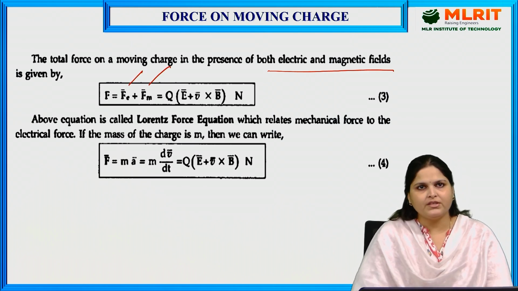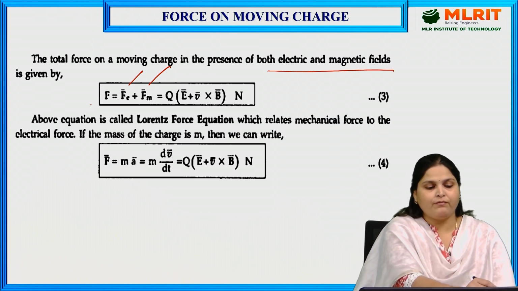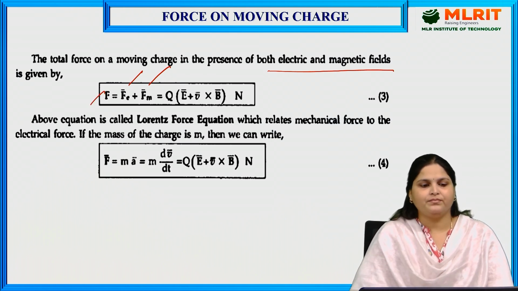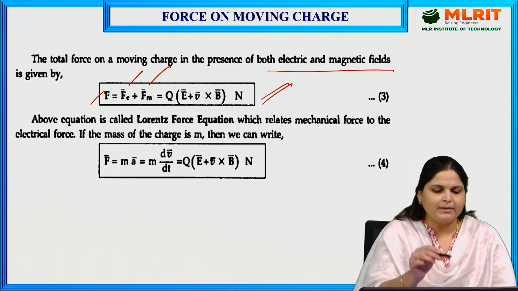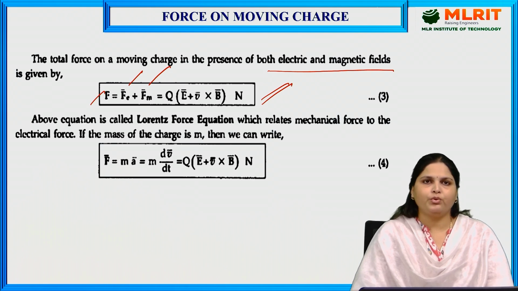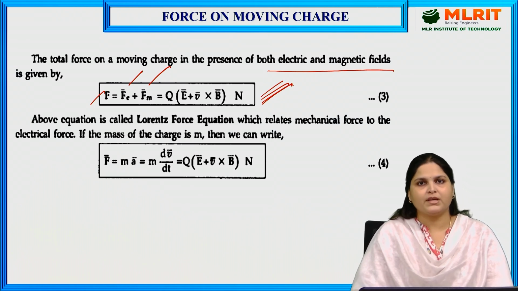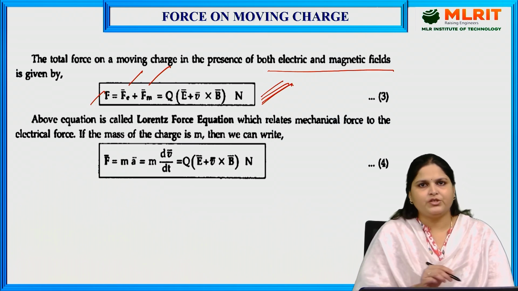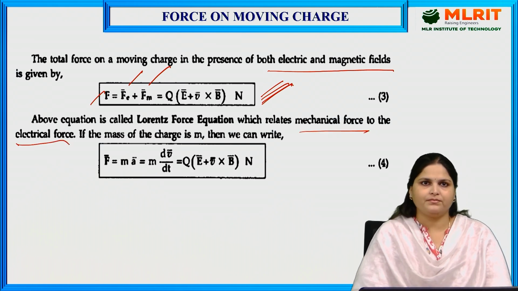This is the total force on this charge in the presence of both electric and magnetic fields, and the mathematical expression is F equals Q into E plus v cross B Newton. This equation is called the Lorentz force equation, and it relates mechanical force to electrical force.